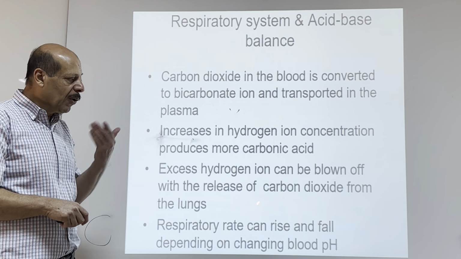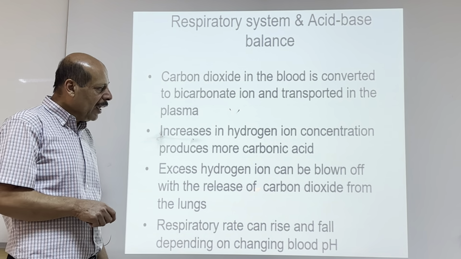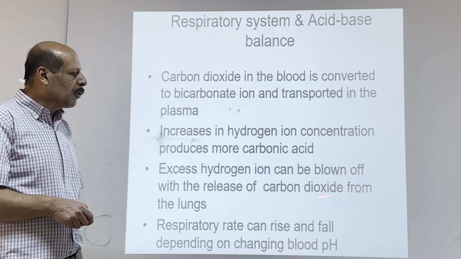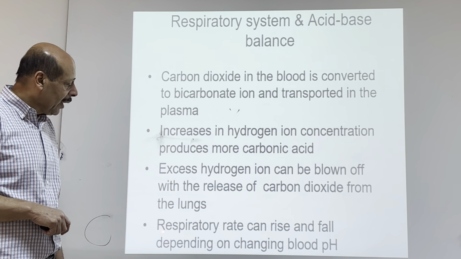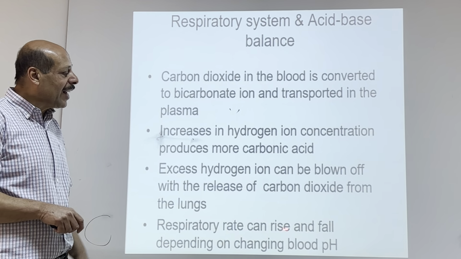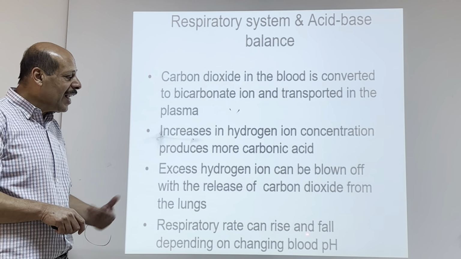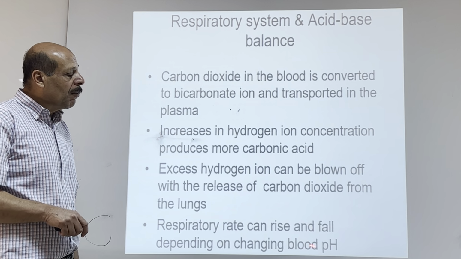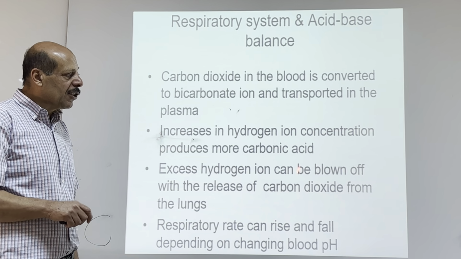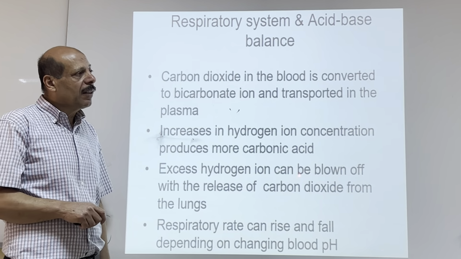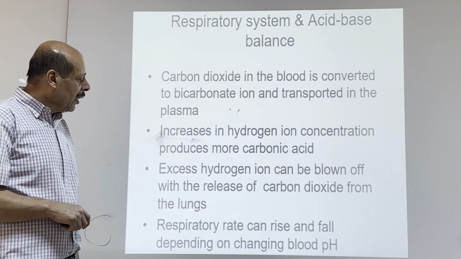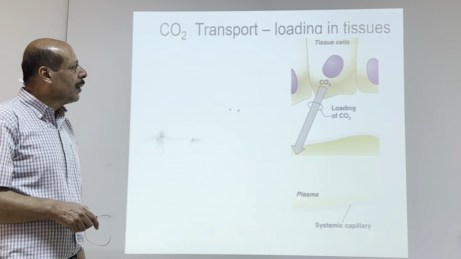So it will go out from the alveoli and be expelled with the expired air. Respiratory rate can rise and fall depending on the change in the blood pH. So the blood pH also affects the respiratory rate and depth.